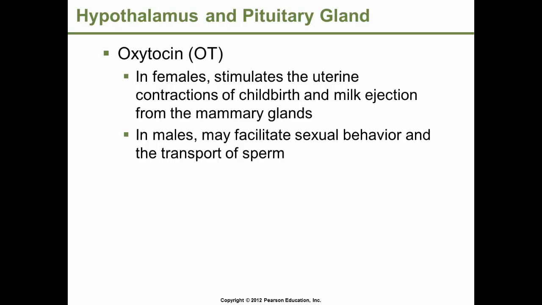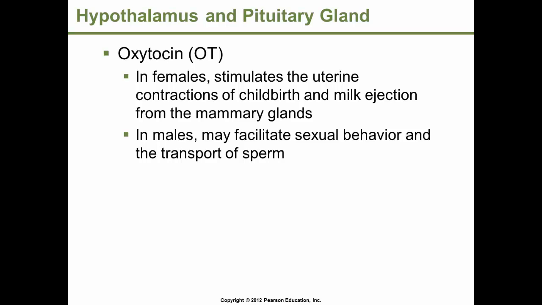Oxytocin, again, is produced by the hypothalamus but stored in the posterior lobe. In females, it stimulates uterine contractions in childbirth, but it also stimulates milk ejection from the mammary glands.